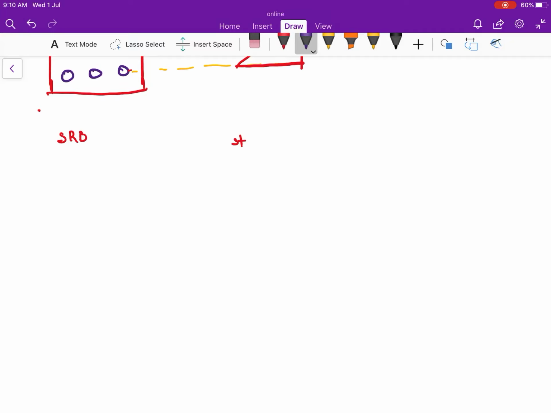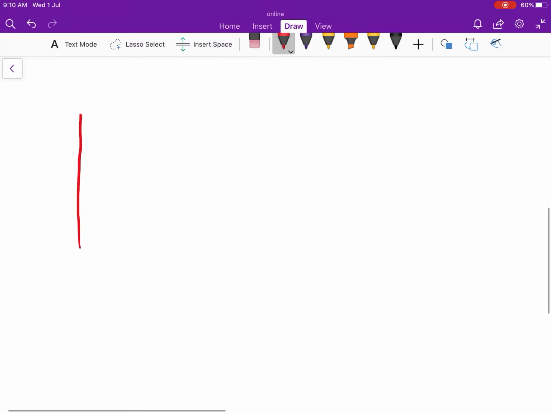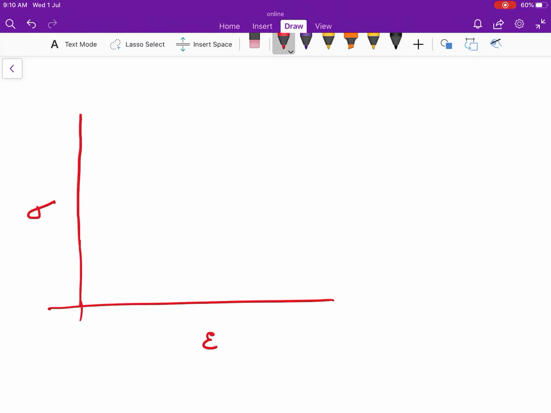I am going to draw that graph once again. If I draw the graph for this stress strain diagram, with stress and strain axes, it is parabolic.